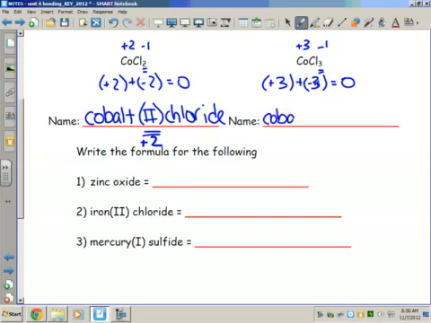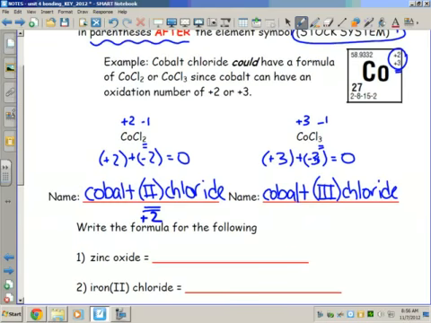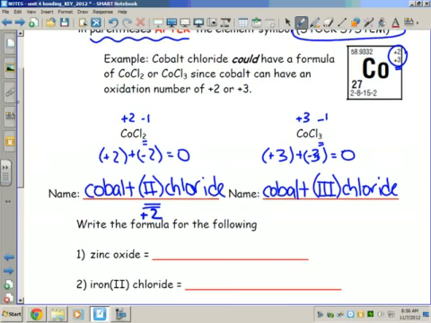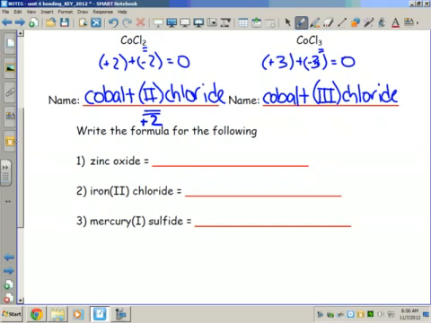So we're okay. And we go ahead and name this cobalt(III) chloride. What you see is there isn't a third number. All right? There are not 3 oxidation numbers total. It's not referring to which number in the list. It's referring to cobalt that has a +3 charge.